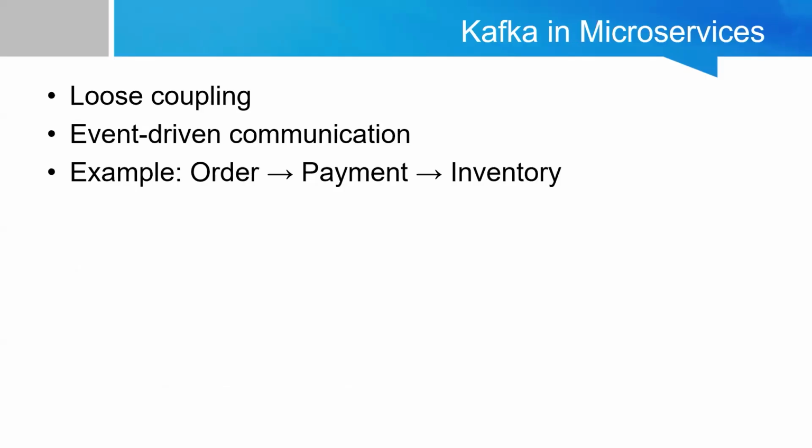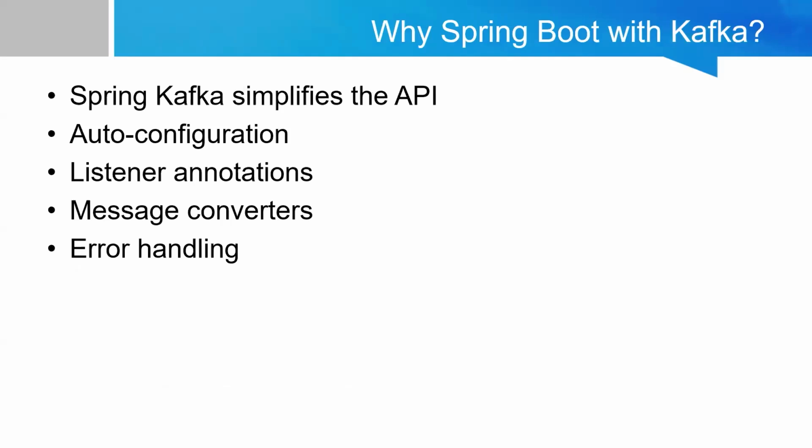Some of the advantages are loose coupling and event-driven communication, for example order, payment, inventory. This is just an advantage of Kafka in microservices. So why Spring Boot with Kafka? It simplifies the API: auto configuration, listener annotation, message converters, error handling.